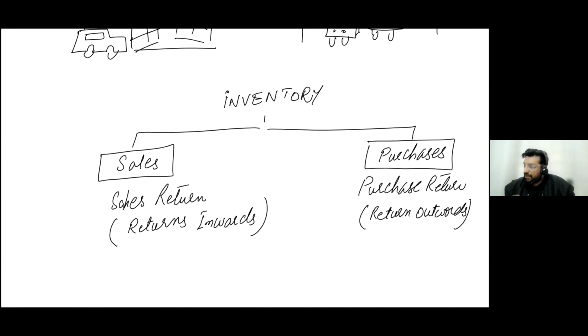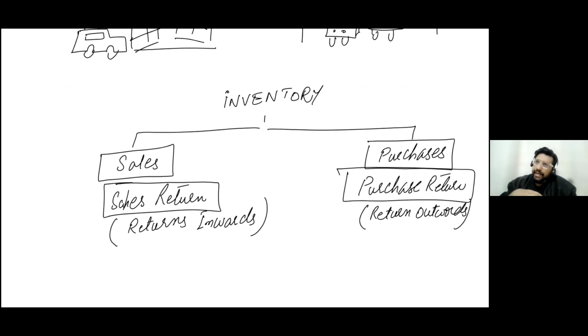Okay. So sales return. Let's say we sold some of the t-shirts to a customer and then they didn't like it. So they got it back. So we got our t-shirts back. That's sales return. Purchase return is when we did the purchases and we returned it to our supplier. That's purchase return.